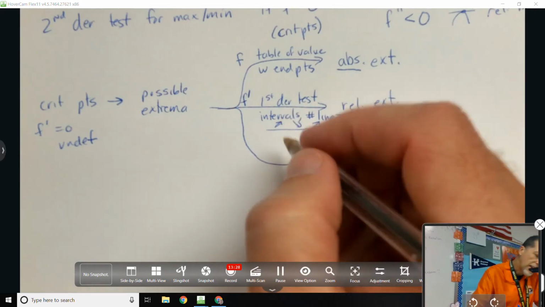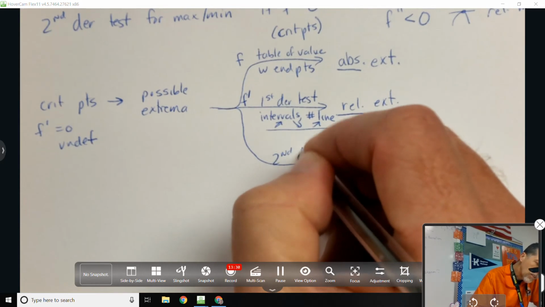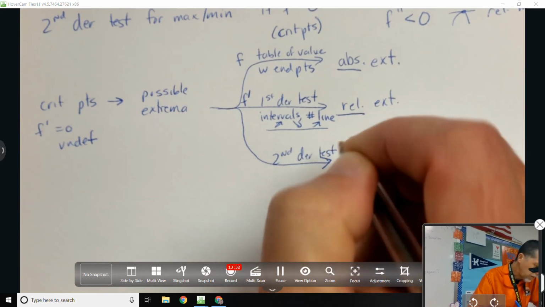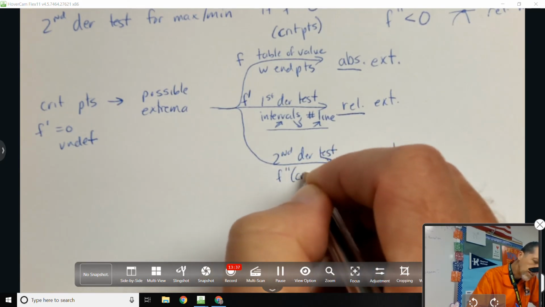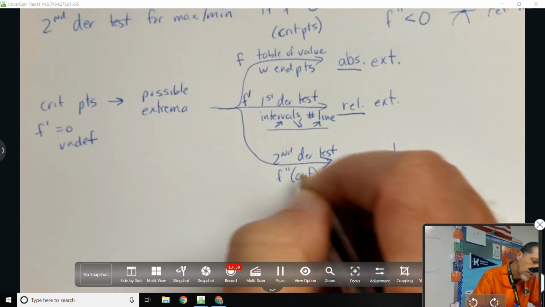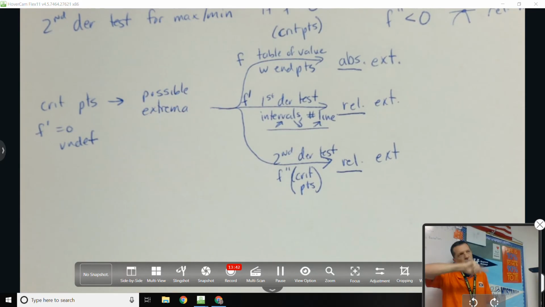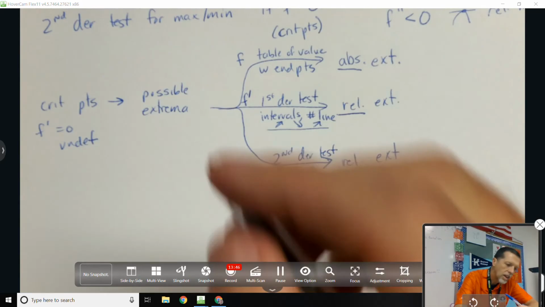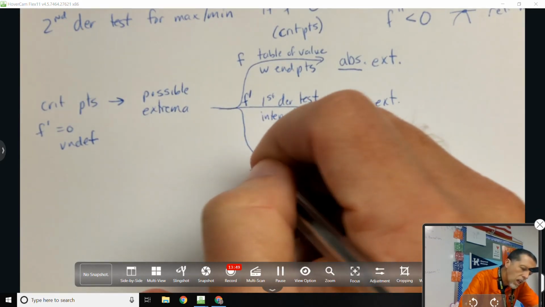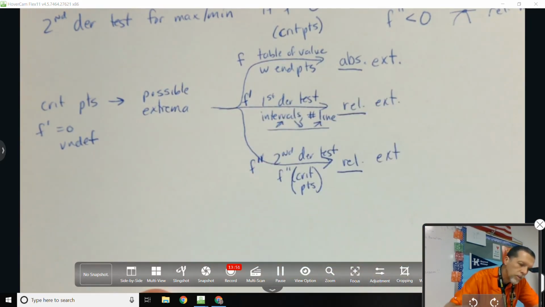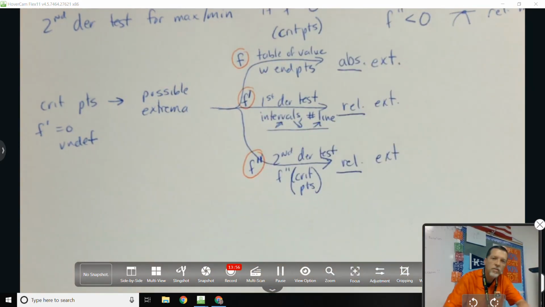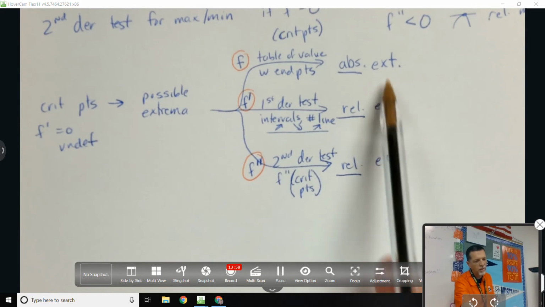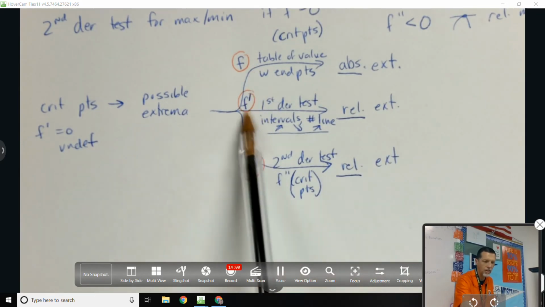And then our last path, the second derivative test. We evaluate the second derivative at the critical points and use the concavity to figure out, okay, are we at the top of a hill or are we at the bottom of a valley? And so you can use f prime, f double prime to find maxes and mins, depending on what kind of max and min you're looking for.